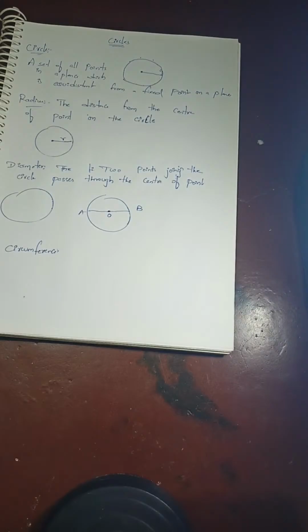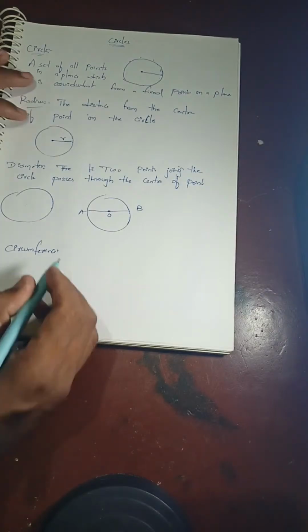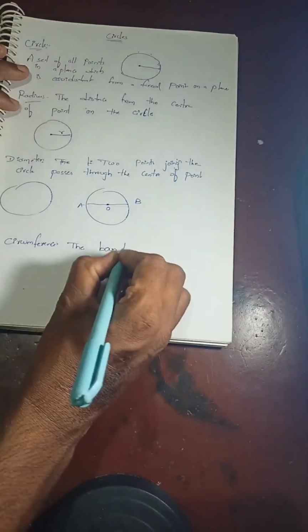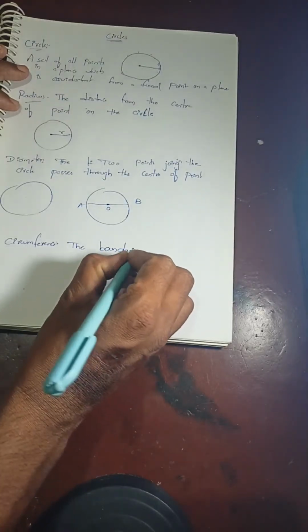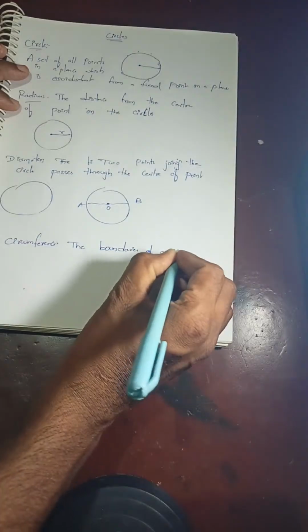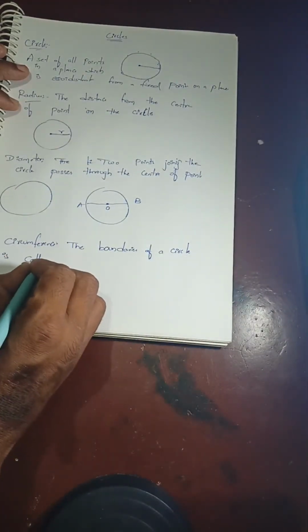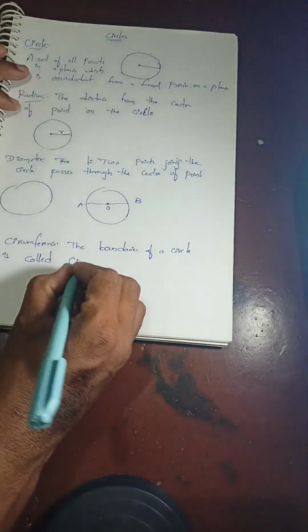The boundary of a circle is called the circumference of a circle.